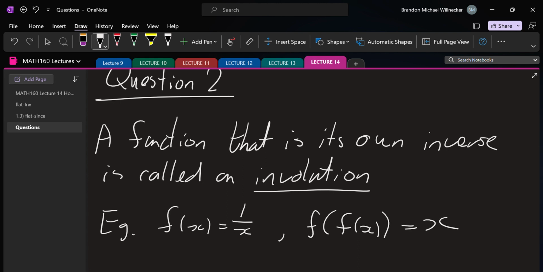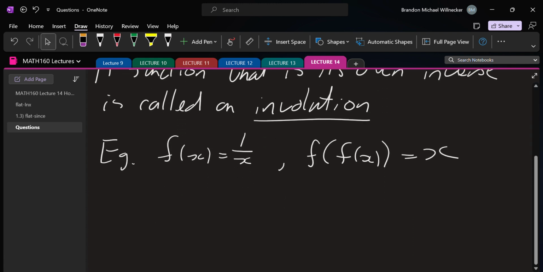Applying it once gives you f of x, and applying it again gets you back to x. It's its own inverse. That's what we want to do in this case. We start off with f, we calculate f star, we calculate f star star, and we get back to f. That's the goal.